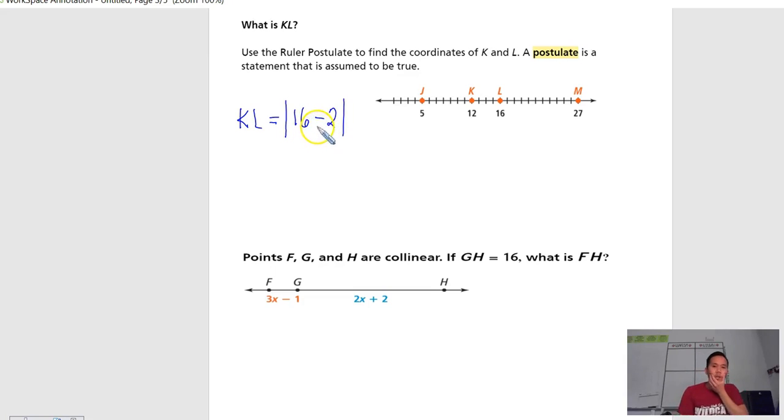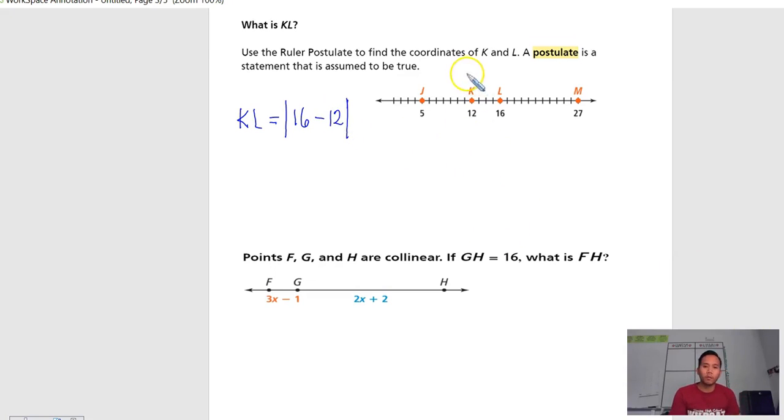Mister, where did you get 16 and 2? 16 and 12. Sorry about that. So 16 and 12. There you go. I have to change that. I'm sorry again. 16, 12.